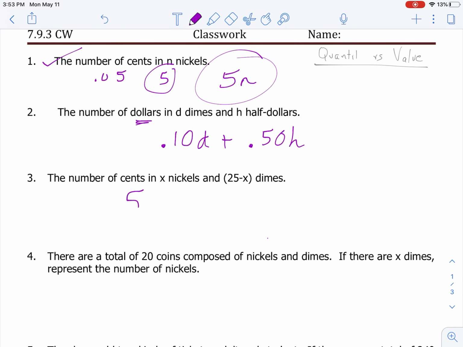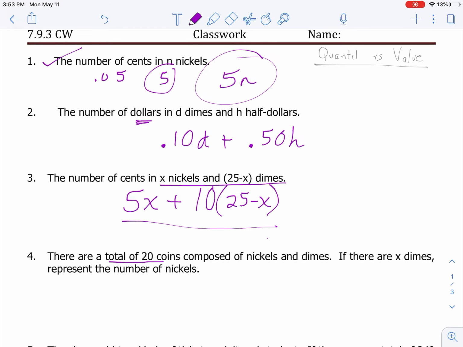Okay, so 5 times my number of nickels is 5 times X, plus, all right, this is how many dimes I have. That doesn't make any sense, but that's how many dimes I have, so I'm going to multiply that by the value. Okay, so I'm representing the value of X nickels and 25 minus X dimes, and that's what this is.